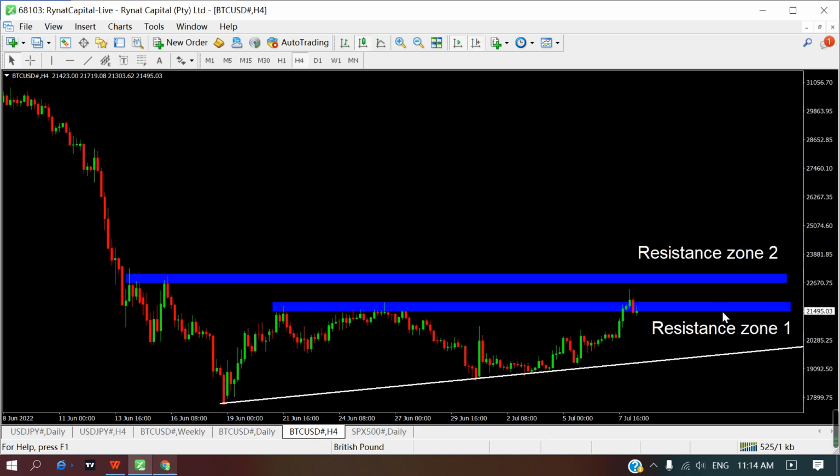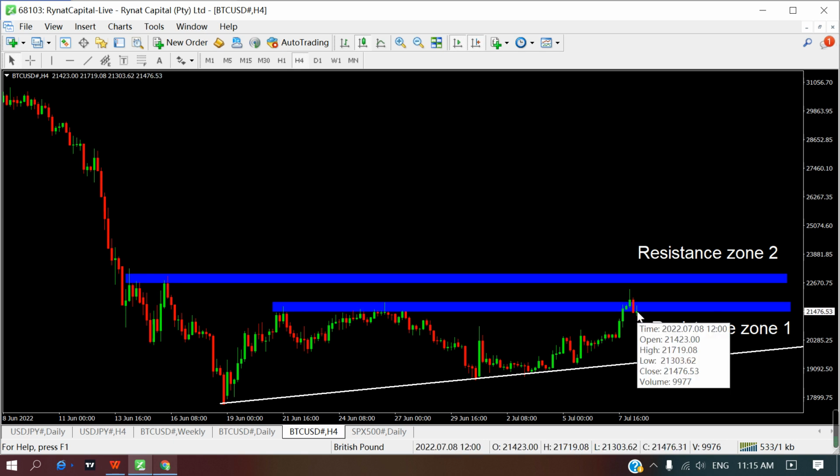This is the 4 hour chart. In the 4 hour chart we could see the price is moving up to resistance zone 1, and it got supported in this zone. But the last candle is not ended yet. It hasn't been completed, so we may need to wait till the last candle is completed.